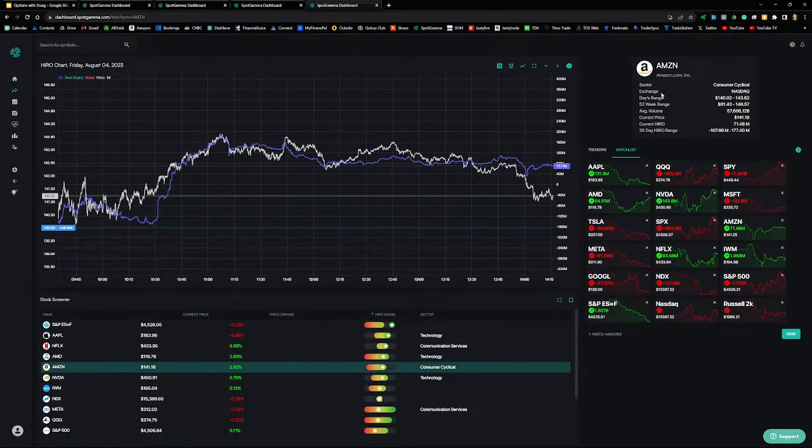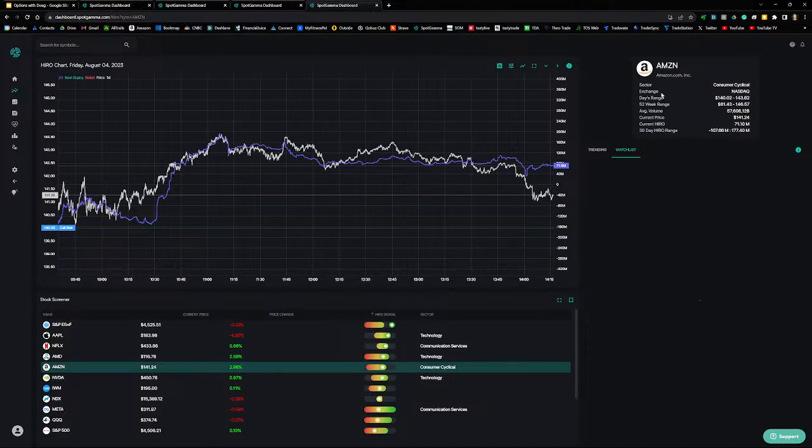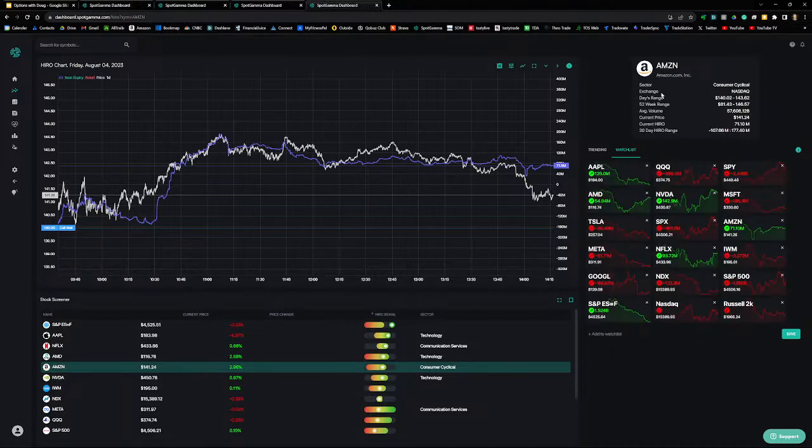All right, so what I was looking at was to see if there was any call gamma unwind going on. There could be a little bit. Traders have been buying calls up to earnings, and they're buying calls that expire today. And as those calls start to lose value, remember, at the money at expiration has the highest amount of gamma.